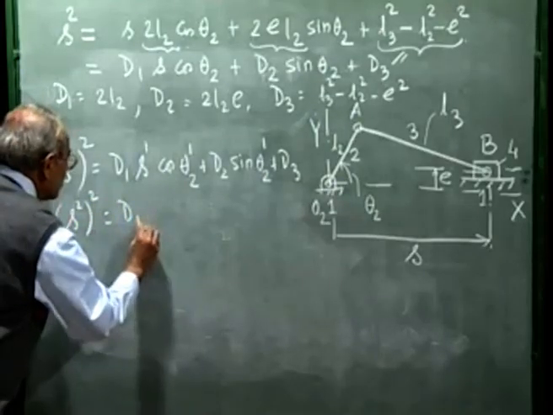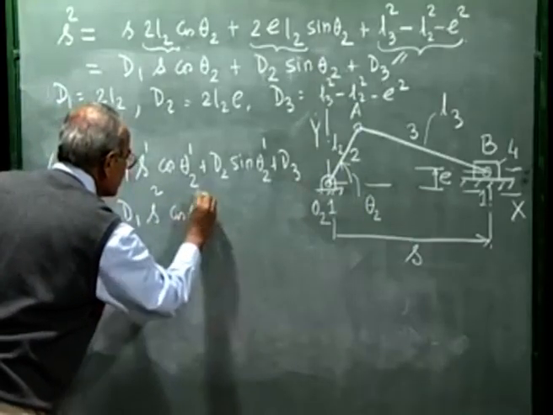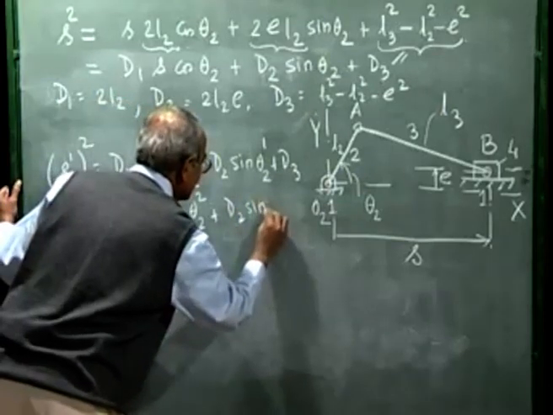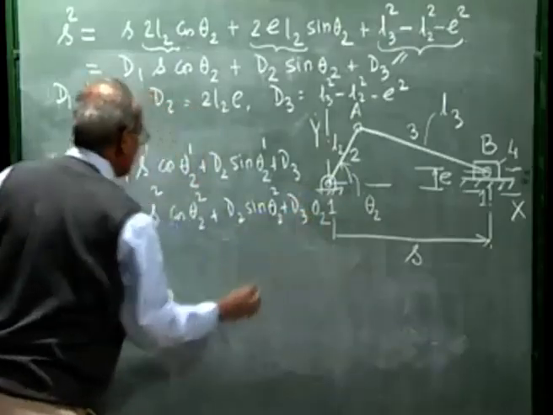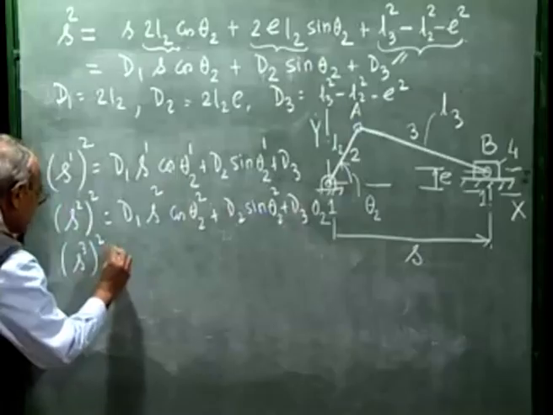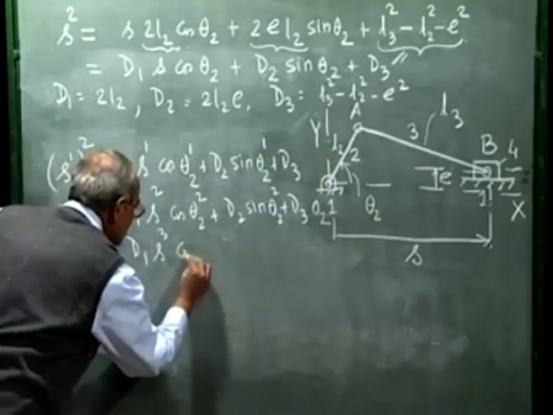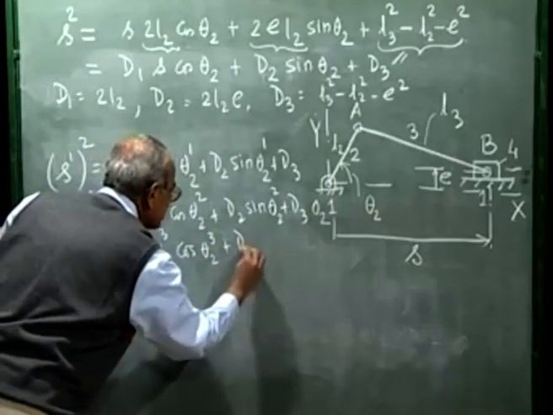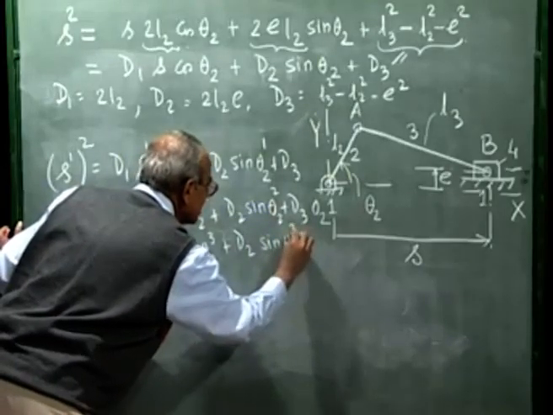So, I write S2 squared is d1 S2 cosine theta 2 2 plus d2 sine theta 2 2 plus d3, and for the third position S3 squared is d1 S3 cosine theta 2 3 plus d2 sine theta 2 3 plus d3.